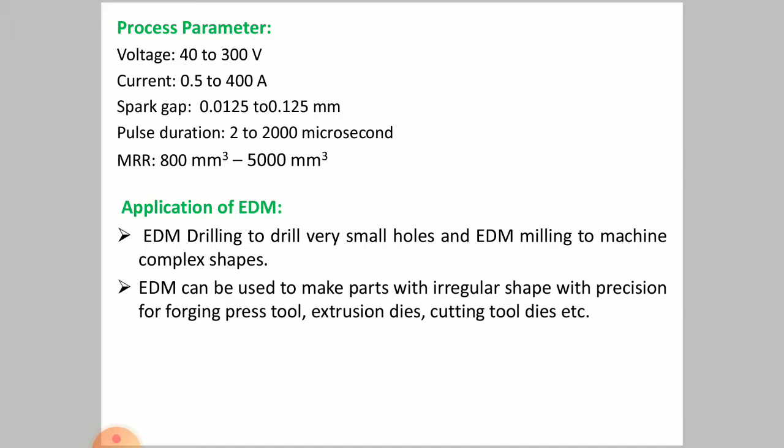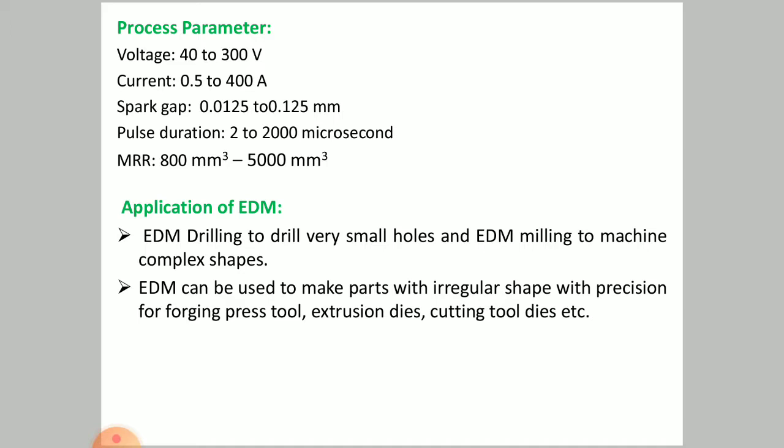Applications: a wide range of applications of electro discharge machining is there, like EDM drilling to drill very small holes, and EDM milling to machine complex shapes. My dear friends, with the help of electro discharge machining and a similar kind of process like electrochemical machining, those processes are generally used to super finish the workpiece.